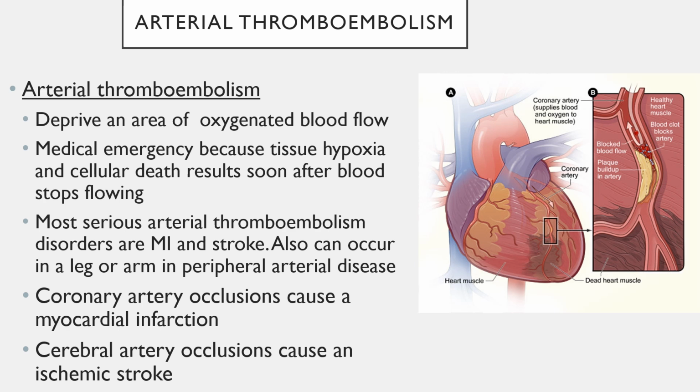And if it's long enough, which is typically hours, if it's blocked beyond that, the cells will start to die and you will get necrosis. Okay? So it's very important that in arterial thrombosis we do something emergently, right?